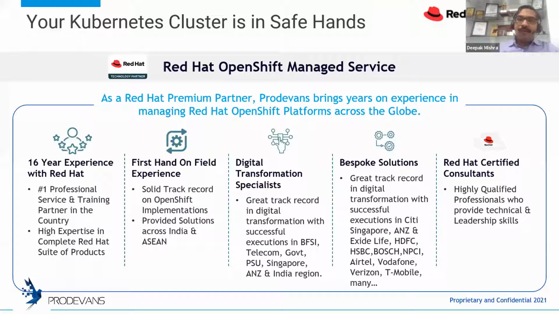In the digital era, everybody is looking for a faster outcome and to improve the experience of their end customer, and that is where these bespoke solutions are built by the partners. So we take the Red Hat product and solutionize it in such a way that it solves the business problem of the customer. And for that, you need qualified professionals, and that's one of the core strengths in Prodevans, where we have 50 odd Red Hat certified engineers, architects, developers, who actually deal with these kinds of technical problems.